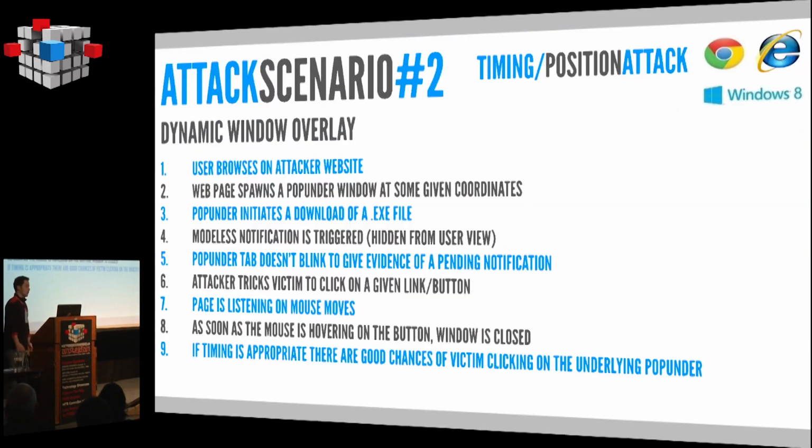Attack number two deals with a dynamic window overlay. It works on Windows 8 and on Google Chrome and Internet Explorer. The attack scenario is more or less the same. You visit the attacker's website, which spawns a pop-under that goes in the background and starts the download of an executable file. None of this is noticed.